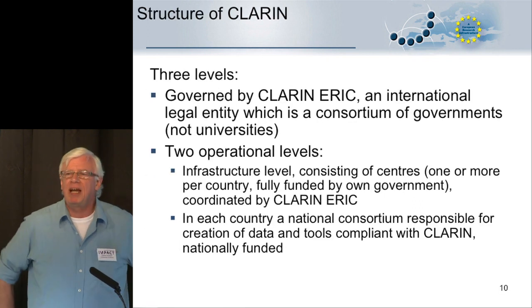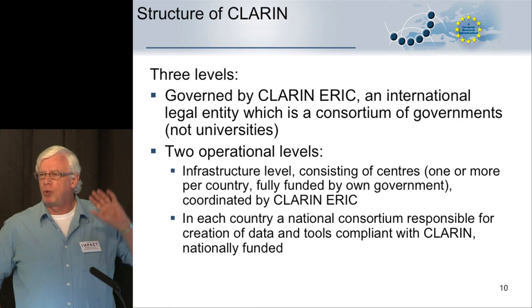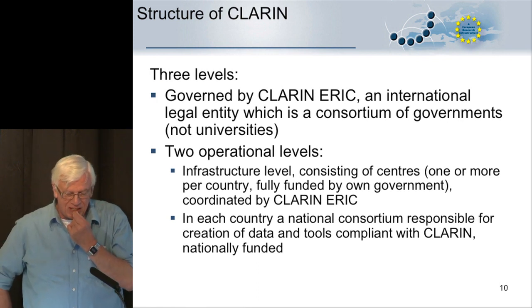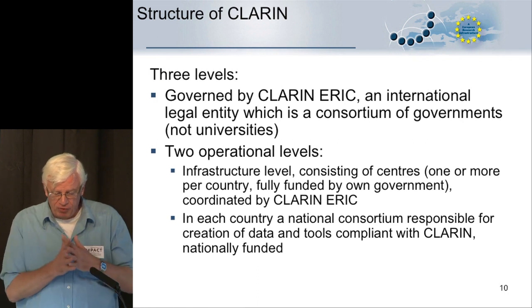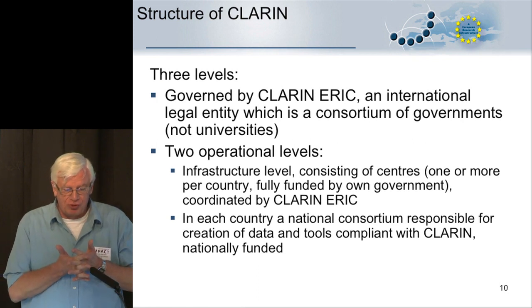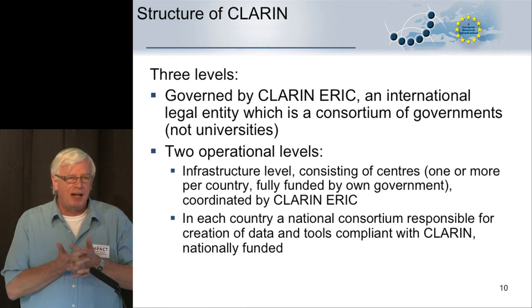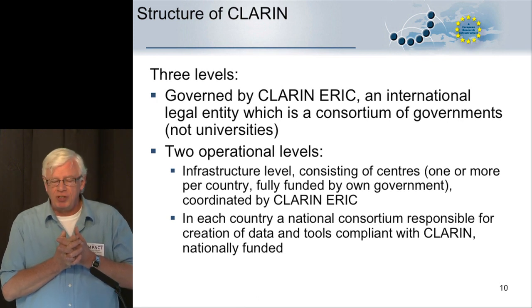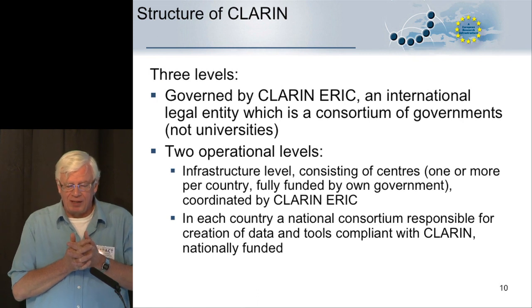Now, the structure of Clarin, because I hope that you imagine, if we want to build on existing things, it has to be a rather complex animal in the sense that there are many parties involved and many financial streams. So we see Clarin as an animal with three different levels. One is the governance level, and for the governance we have chosen to set up a Clarin ERIC.